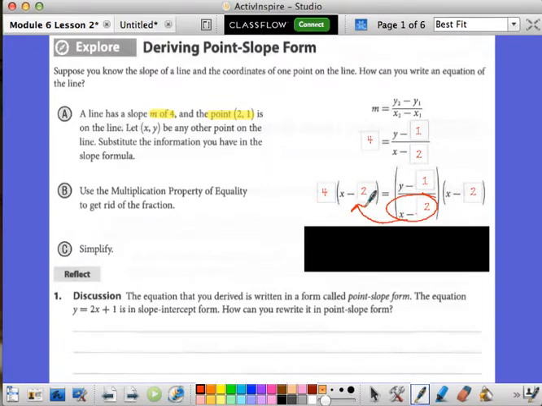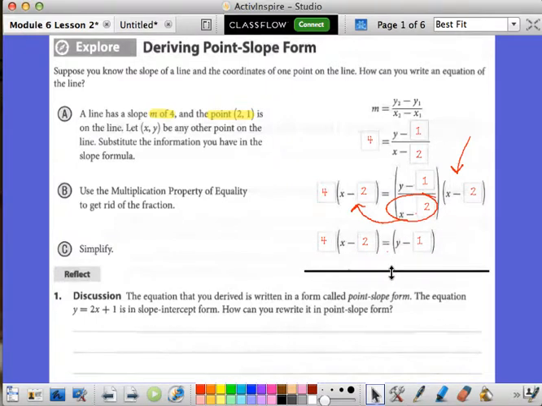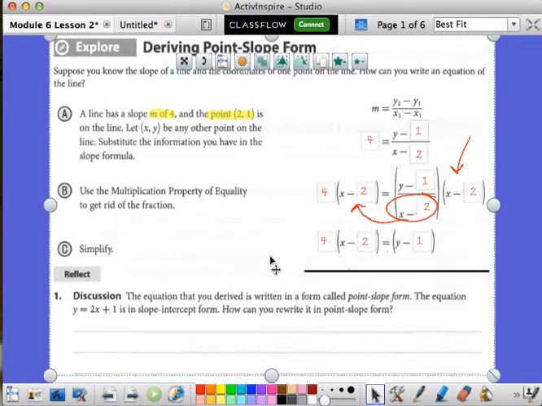Since I'm dividing by this whole thing, I can multiply by the whole thing, but what I do to one side, I have to do to the other. By multiplying, I'm moving it over to the other side. Then I end up with the form 4 times x minus 2 is equal to y minus 1.